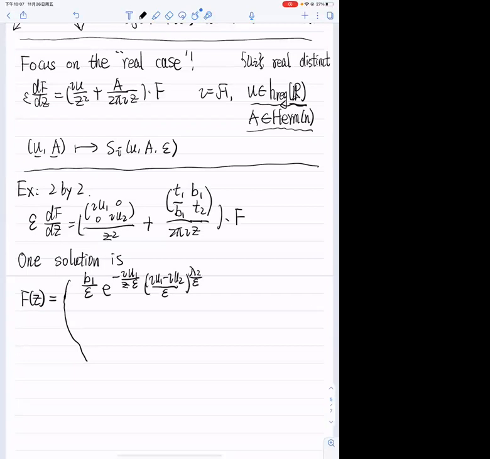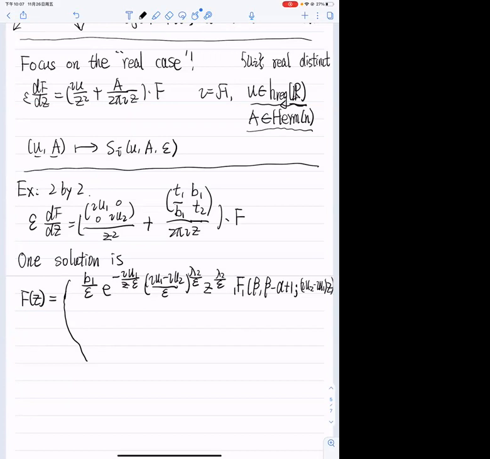There is a power of lambda2 over epsilon, and then f11. Recall that this is a Kummer function with parameters beta minus alpha plus 1 and then iota u2 minus iota u1 times z.